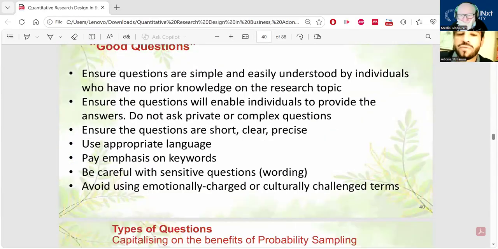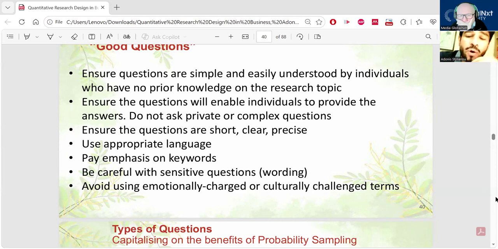We need to be careful about the appropriate language we're going to use, avoid emotionally charged and culturally challenged terms, ensuring that we don't provide the answer to people within the question, ensuring the questions are clear, short, avoid cognitive burden for people.